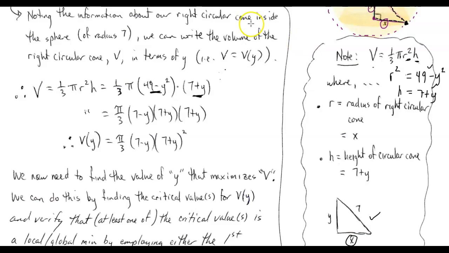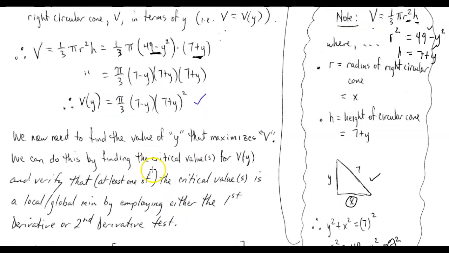From that point, it's just a matter of trying to figure out what is going to be our volume, taking the derivative of volume with respect to Y, setting it equal to 0, and then figuring out what our critical value would be. Now, in this current form, we have the volume of our right circular cone in terms of Y and factored out.